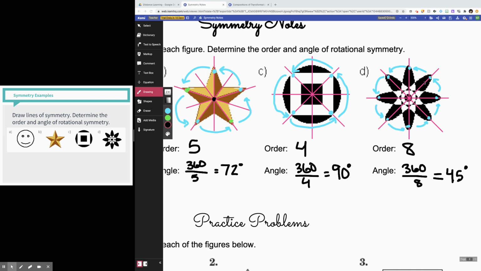Like I said, it took me a little while to draw here. But I have my 4 lines of symmetry that I have drawn in. But what I'm seeing now is that I actually have some lines of symmetry that I missed, which I intentionally didn't draw so that you could see this.